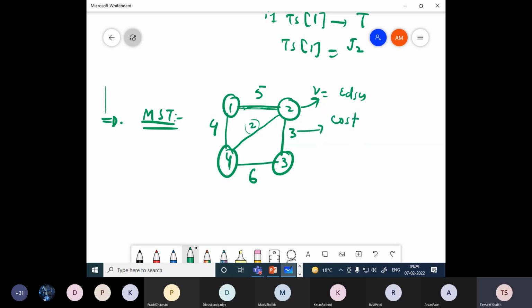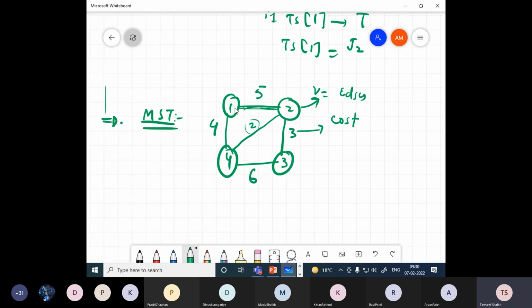Every edge is connected between two vertices by some integer value, which is known as the cost. Cost could be anything. It could be the profit, it could be the distance, it could be anything. And cost could be negative also. It's not necessary that cost should always be positive.